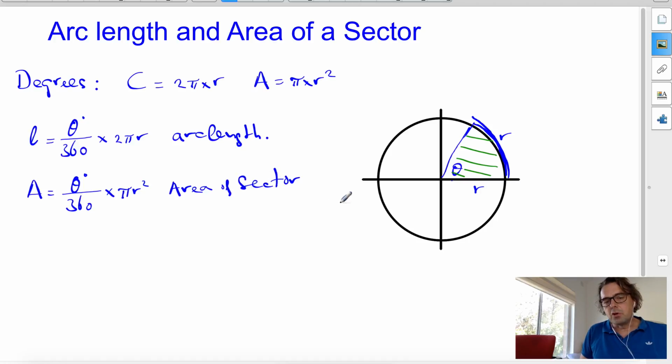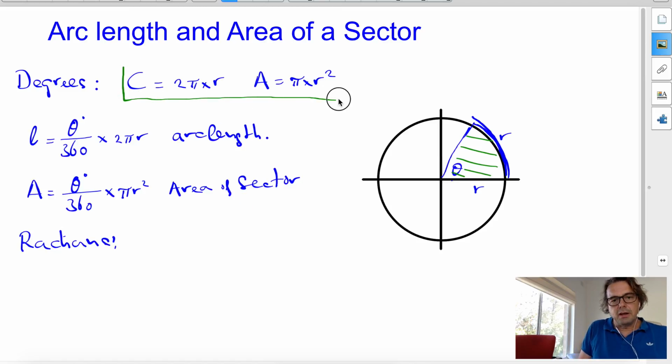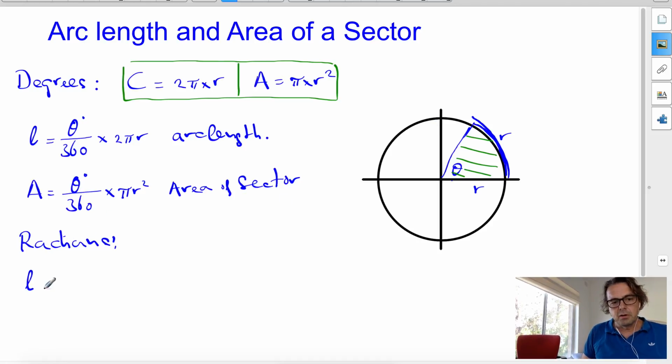Now in radians, when you work in radians, things can be simplified. So let's have a look. Because if you look closely, these two formulae here are already put in radians really, because they have the pi symbol in them. That means they have something to do with radians. So working in radians is easier. The arc length, if theta is an angle in radians, is theta out of full circle, which is 2 pi, multiplied by 2 pi r.